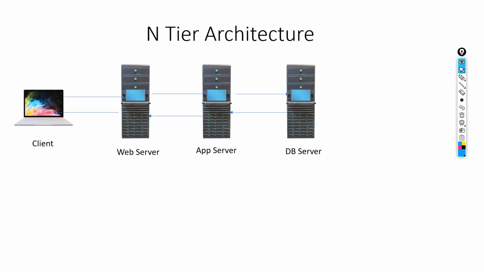The application server exposes the business logic to the client, and it also generates the dynamic content. All the backend logic resides in the application server, and all the data, as the name suggests, resides in the database server.